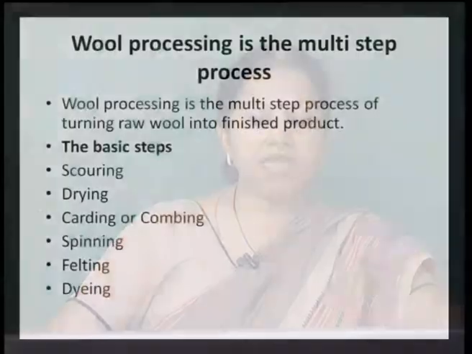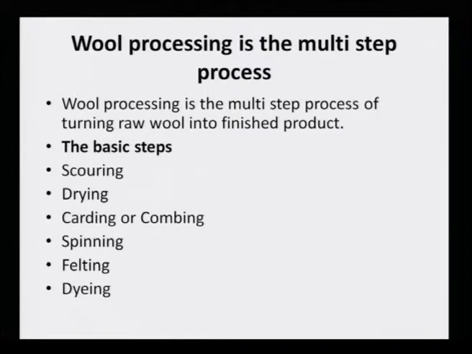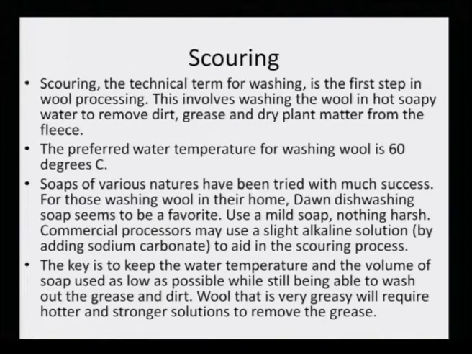But here the steps are quite different, because here the skeins of the yarn of the wool need to be handled in a particular manner, and only then will it not get entangled while dyeing. So, the basic steps are scouring, drying, carding or combing, spinning, felting, and then finally dyeing.